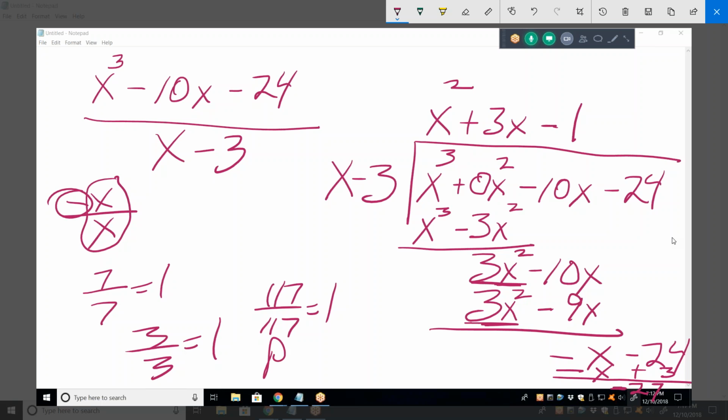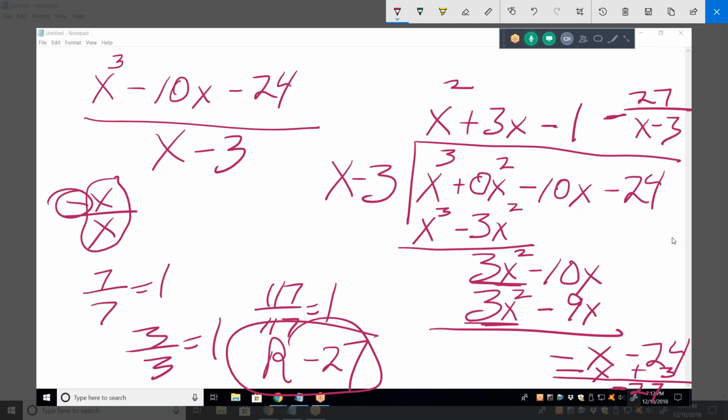I could say remainder of minus 27, but that's not really a good way to write it. What it really means is minus 27 divided by our divisor, x minus 3. So the answer is that polynomial minus 27 divided by x minus 3. That's the complete answer. Okay.